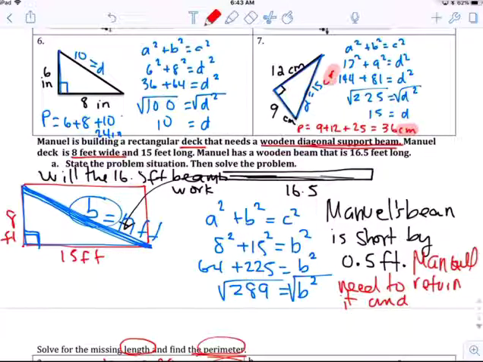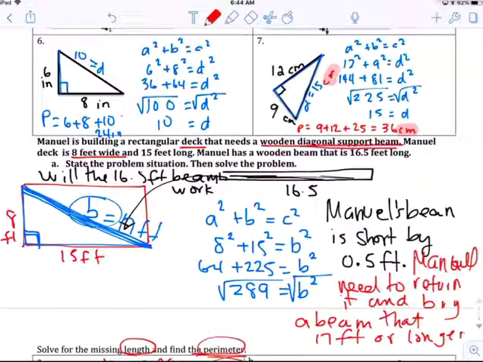If it's longer, you can always cut it. So Manuel needs to return it and buy a beam that's 17 feet or longer. That's what it means.